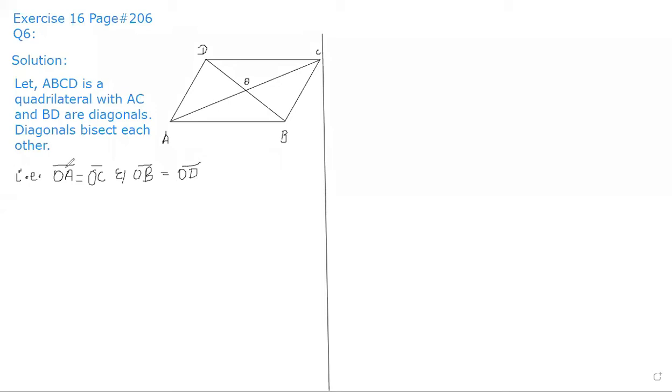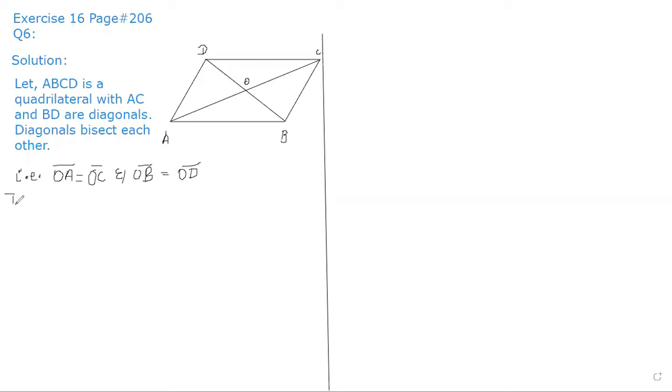So OA is equal to OC. Now you can see that there are 4 possible triangles here. So let's consider 2 triangles here.